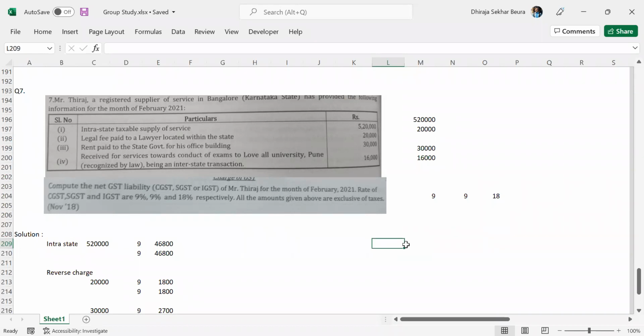So what I'm trying to say is, suppose you have CGST credit of 100 rupees, input credit, and you have tax liability of 100 rupees under reverse charge mechanism. You cannot adjust it. You have to pay 100 rupees cash.